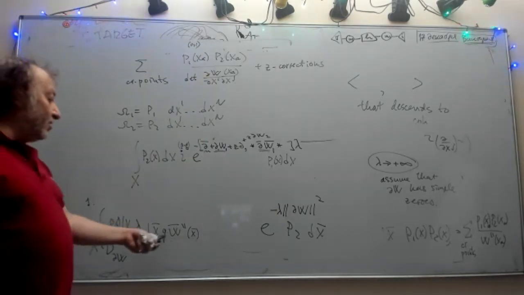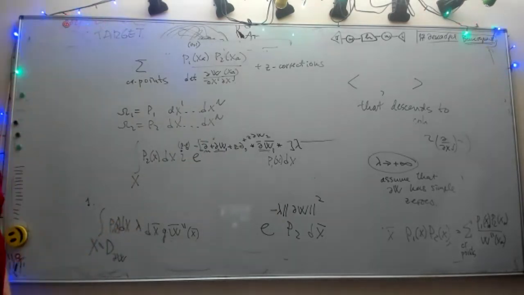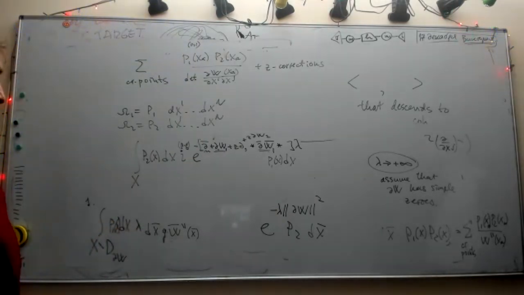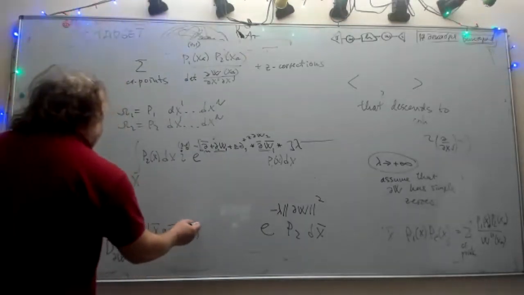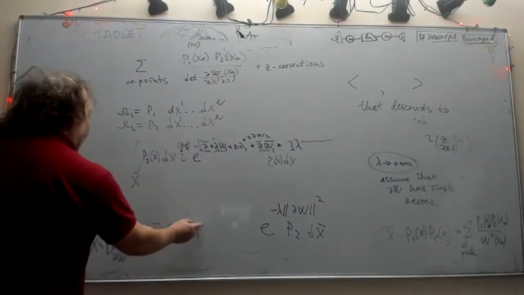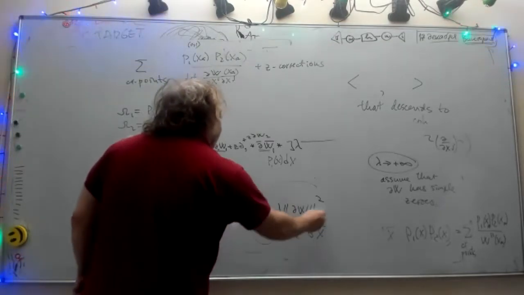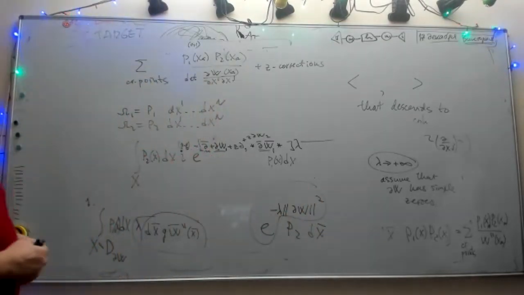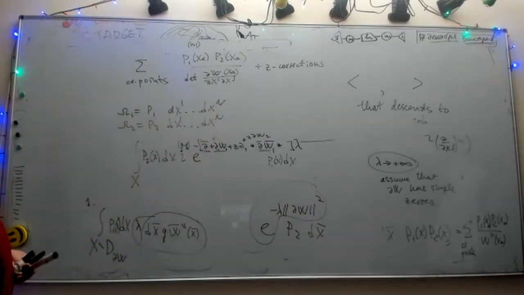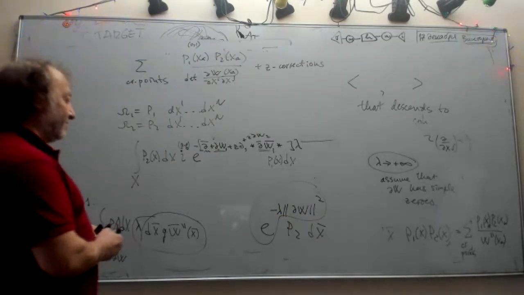Why is it a total derivative? Because this guy is the d bar of this, right? But not exactly.